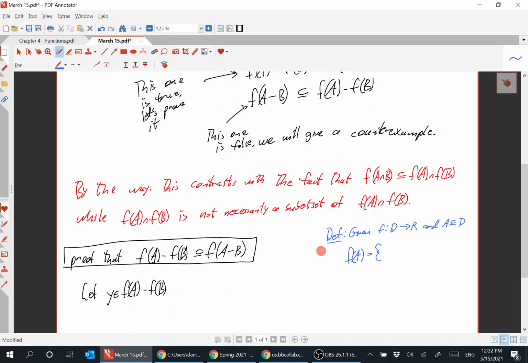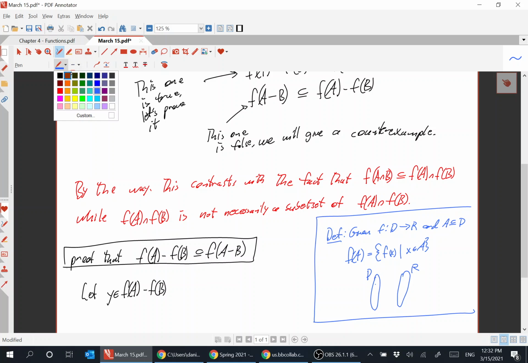What was that definition? The set of all f of x such that x is in A. Pictorially, using this sort of universal bubble-type diagram, if that's A, then f of A is just everything that A goes to under f.